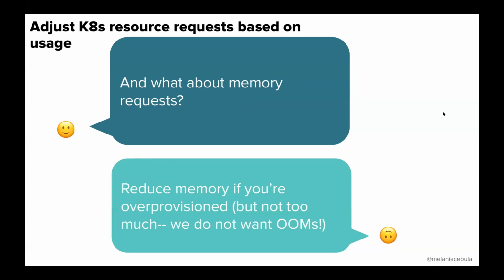You can't just choose any window and tune based on that. Our recommendation is to look at your past week and find the peak during that whole time. During this large window, find the peak traffic and therefore the peak amount of memory and CPU use and tune based on that. You want to be able to handle your peak, not your average, especially when it comes to limits, which are used to keep containers in check.